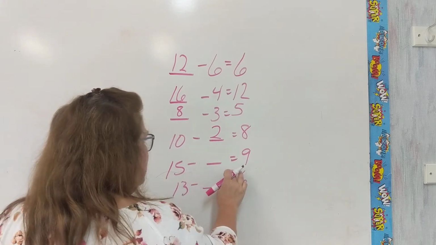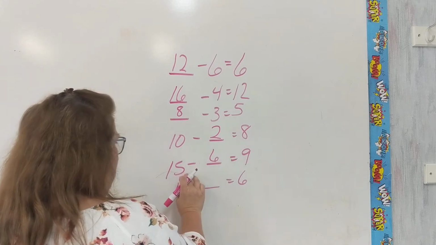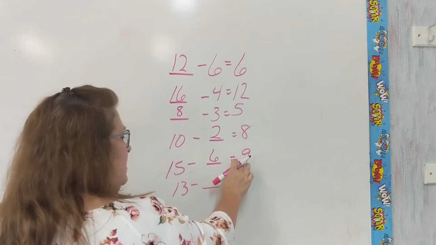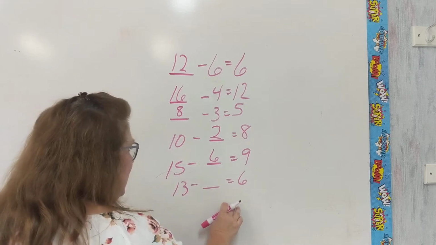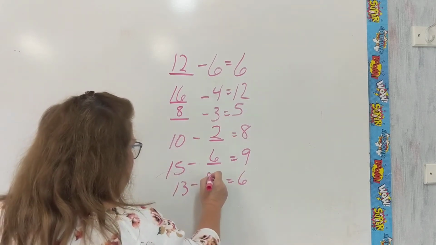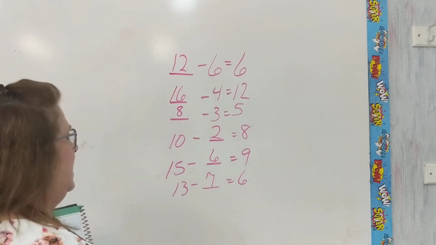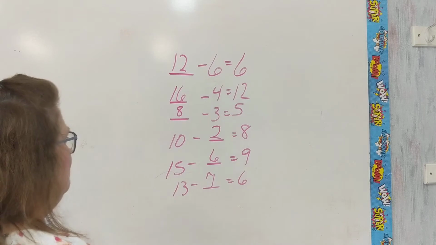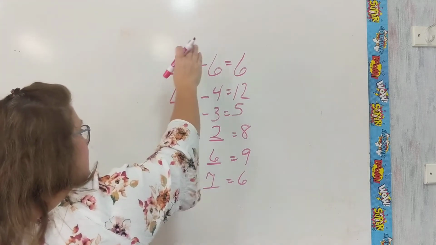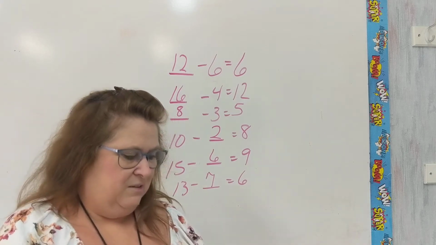What's 15 minus 9? 15 minus 9 is 6. So 15 minus 6 is 9. What's 13 minus 6? 13 minus 6 is 7. So 13 minus 7 is 6. So that is how you will find your missing minuend or your missing subtrahend. All right? So those are always really fun to do.